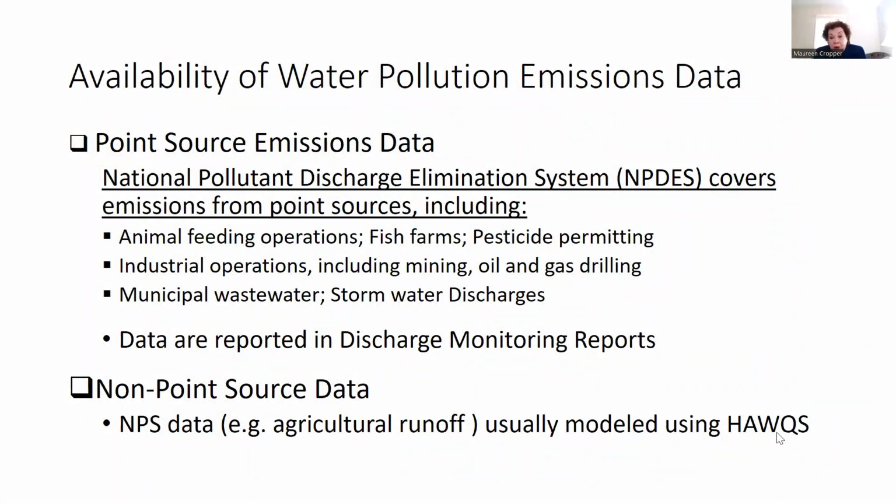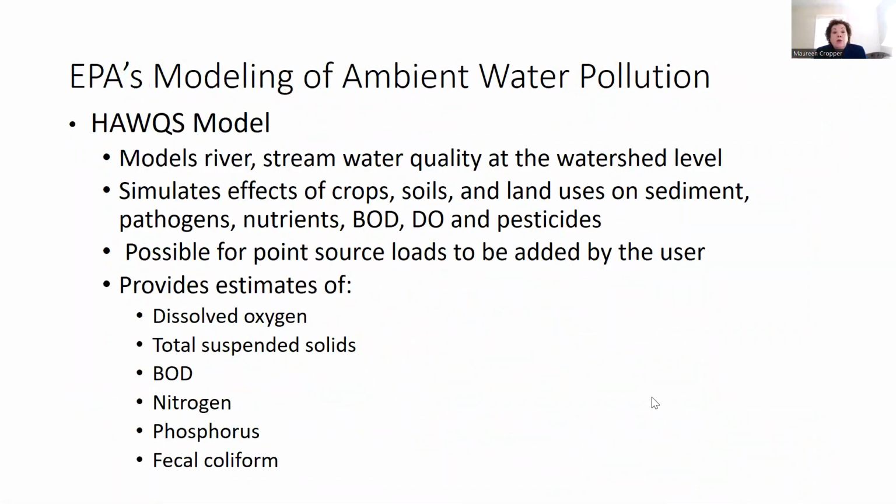So there is a model which goes by the acronym of HAWKS, which is used by EPA to model ambient water pollution. The HAWKS model models river and stream water quality at the watershed level. It simulates the effects of crops, soils, land uses on sediment, on pathogens, nutrients, BOD, dissolved oxygen, and so forth.